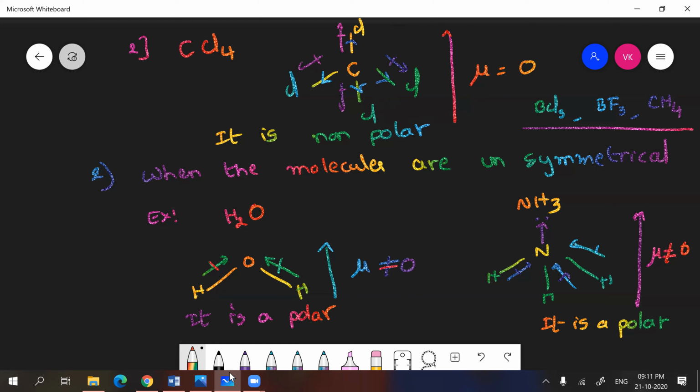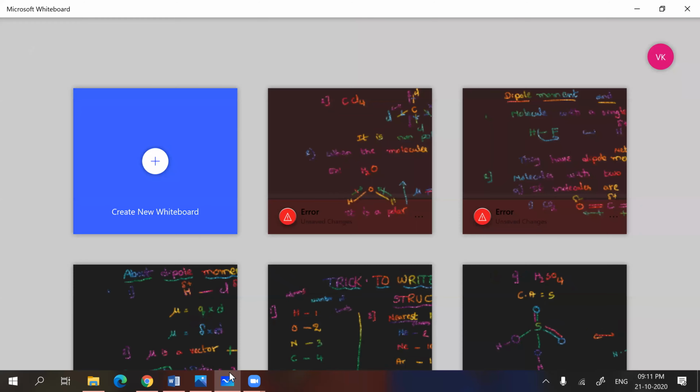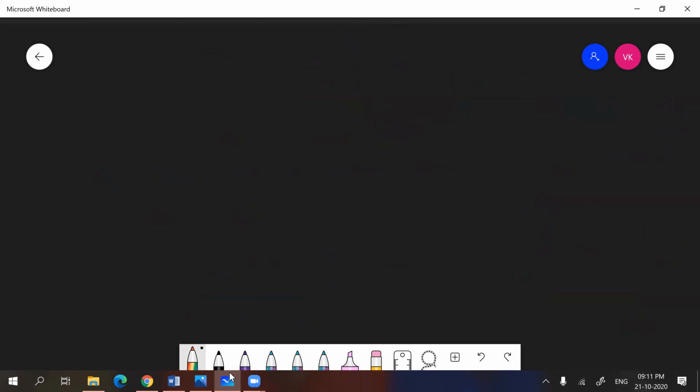They are polar molecules. Okay, those are the basic concepts about dipole moment, and how, based on the dipole moment, to find whether a molecule is polar or non-polar. Now let us see the applications of dipole moment. The first application: you can find whether a molecule is polar or non-polar.